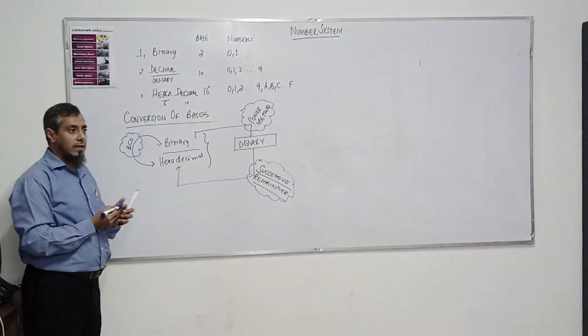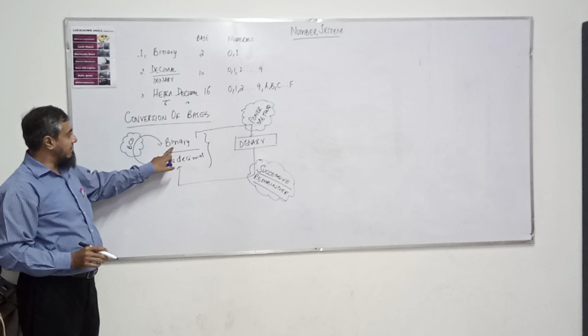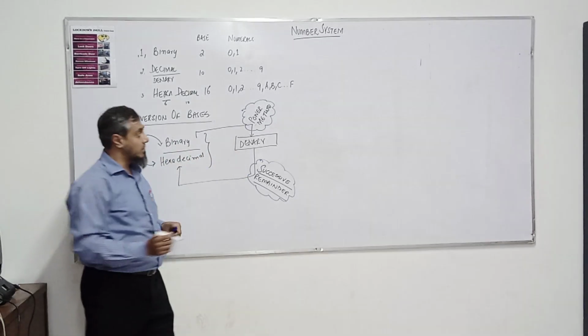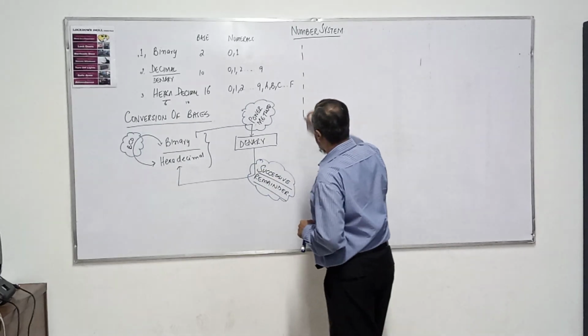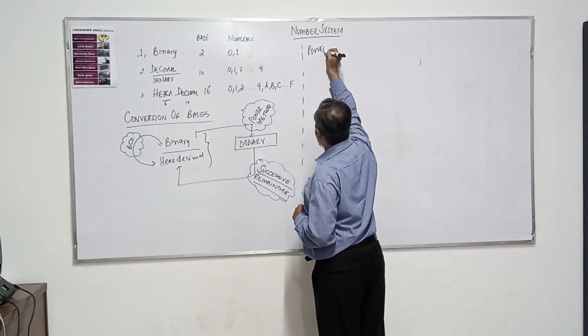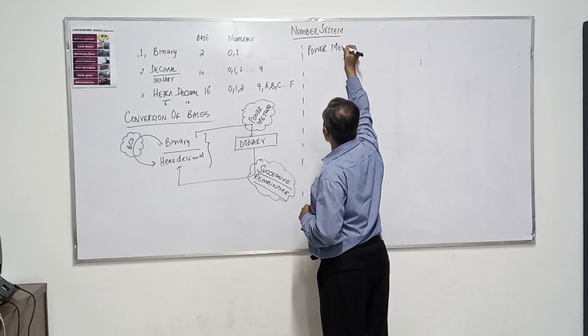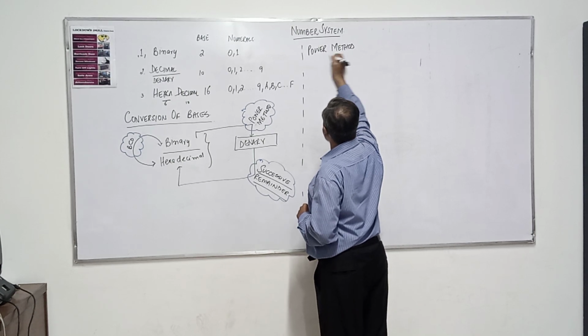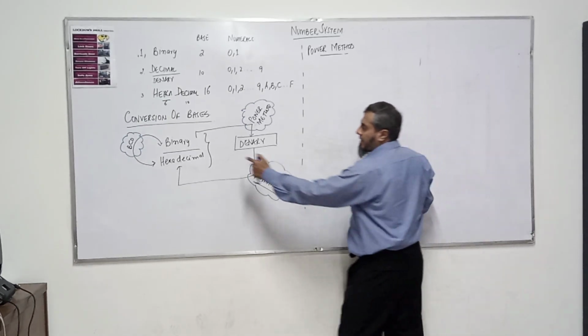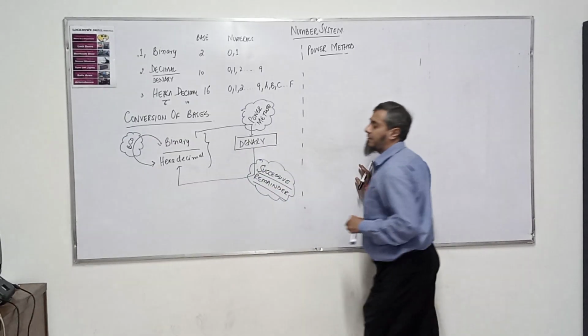So I am starting with the first method, the power method, and the power method is used to convert to denary, either from binary to denary or hexadecimal to denary.